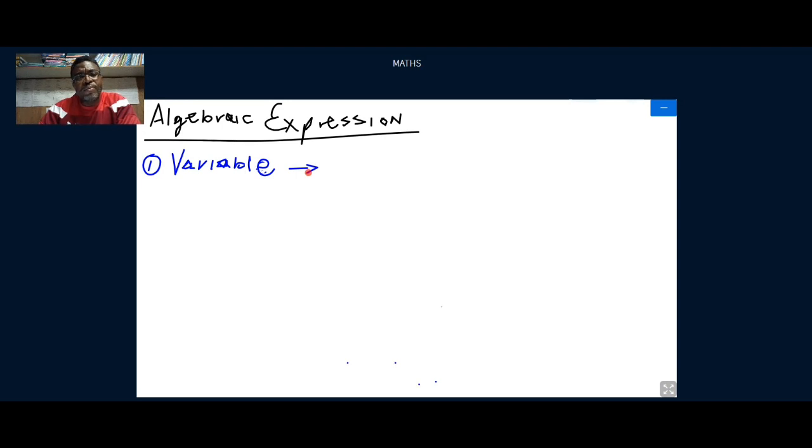What is a variable? It is nothing other than a sign or a symbol. It may also be a letter of the alphabet or a Greek letter, whatever it can be, a sign or a symbol that represents an unknown quantity.